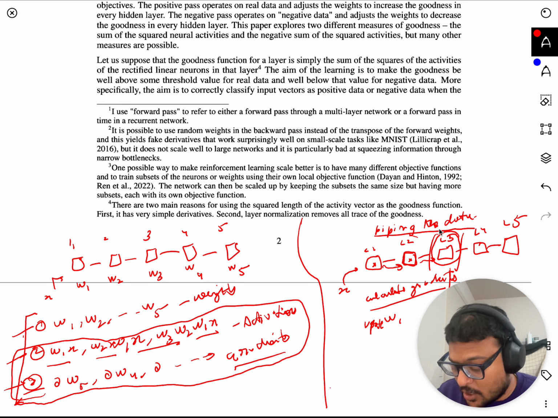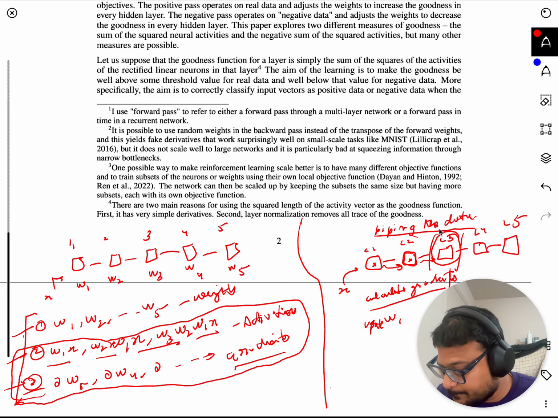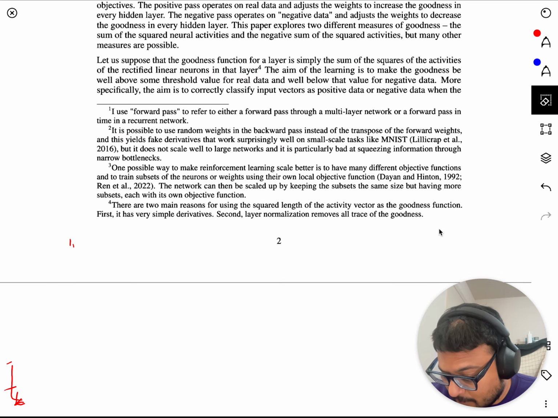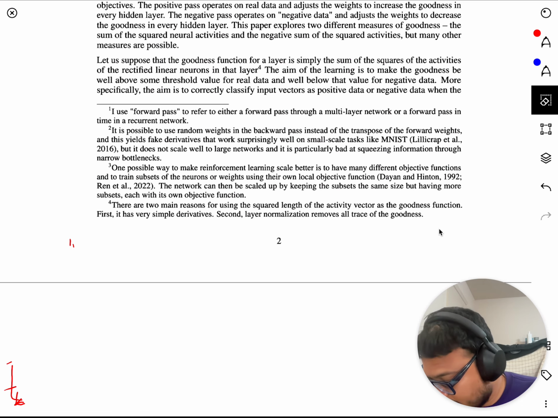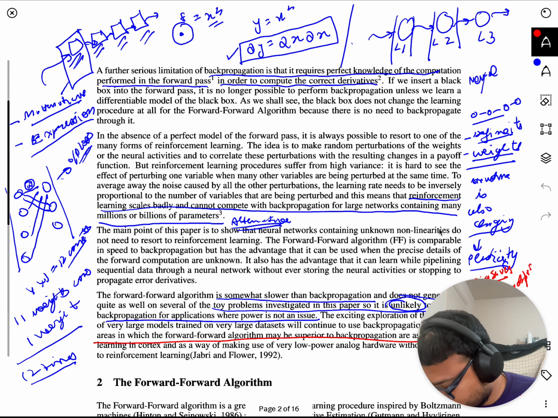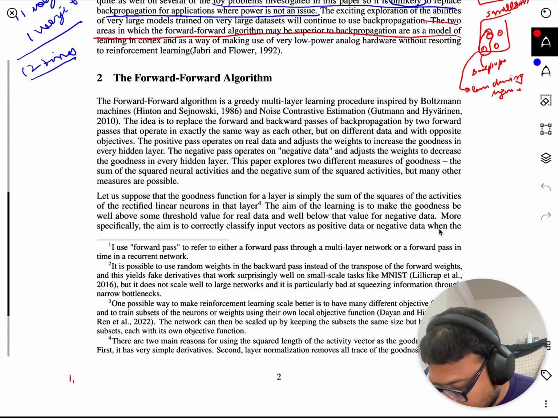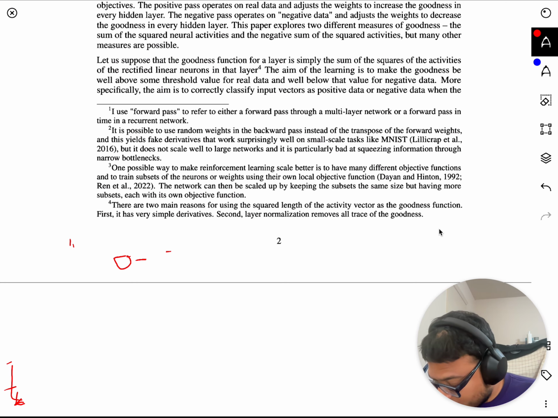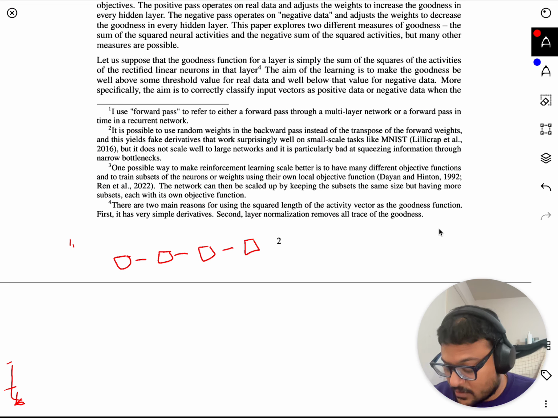And what do I mean by locking issue is something as follows. Let's say that you have a neural network with five layers, and you are trying to do back propagation on that. So this is layer 1, layer 2, layer 3, layer 4, layer 5.